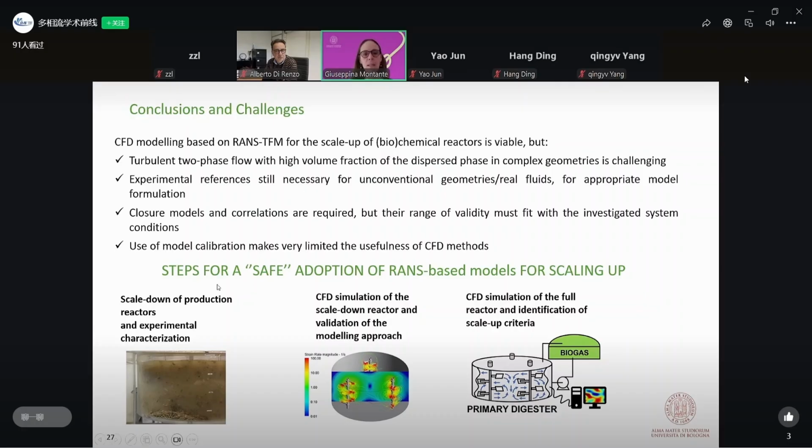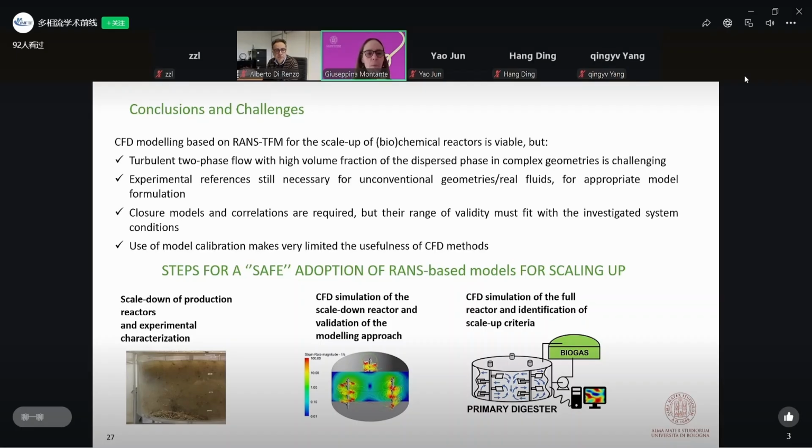So typically, for safe adoption of these RANS-based models for scaling up, we suggest to perform a scale down with respect to the production reactor that we have in mind, or a company has in mind. We characterize the scaled-down system.